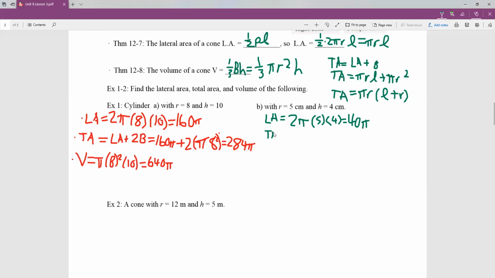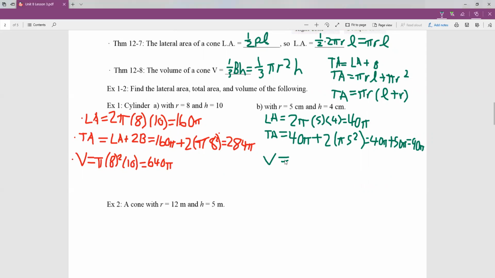Total area. Again, this is all just plugging it in. So total area, we take the lateral area, 40 pi plus 2 times the base. Base is pi r squared, so pi 5 squared. And so it's going to be 40 pi plus 50 pi. It's going to be 90 pi.